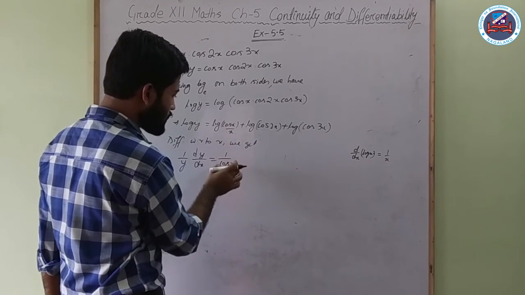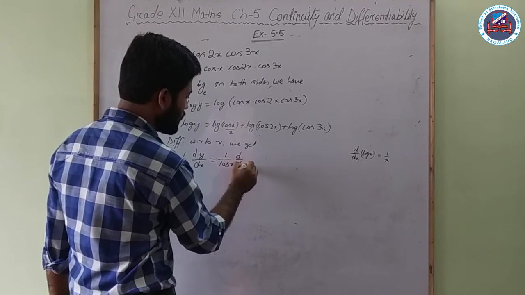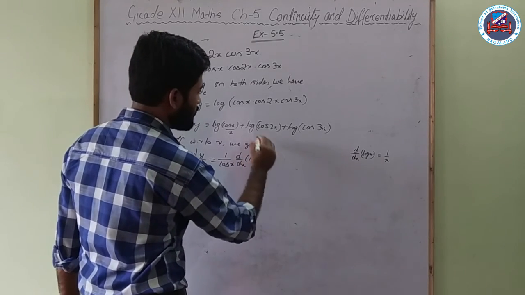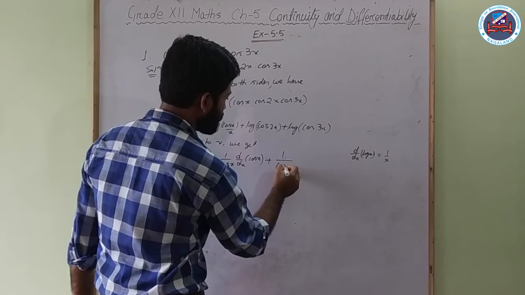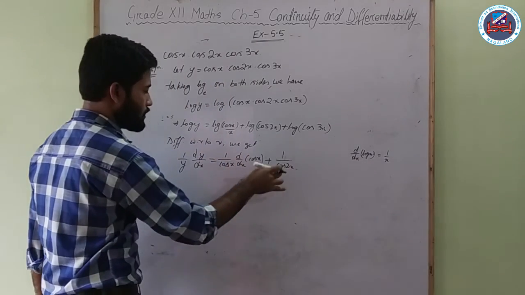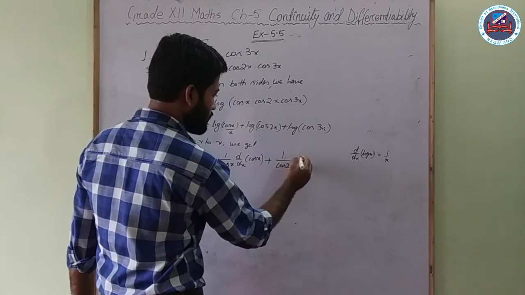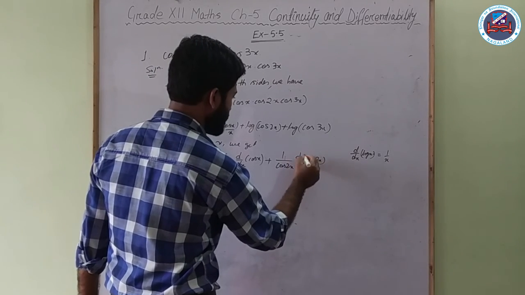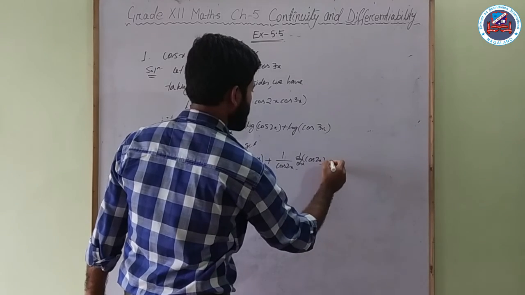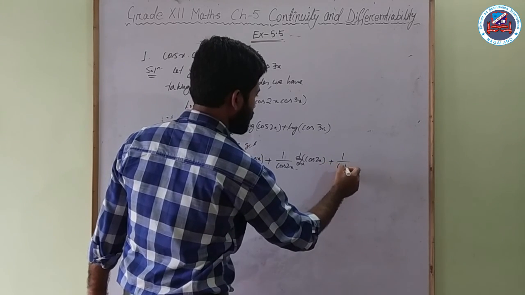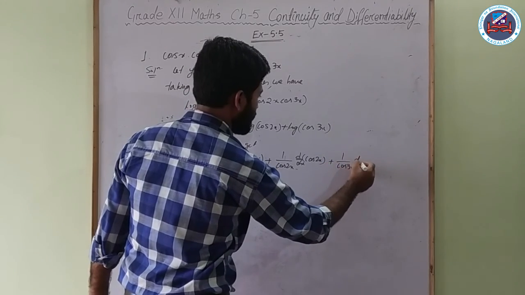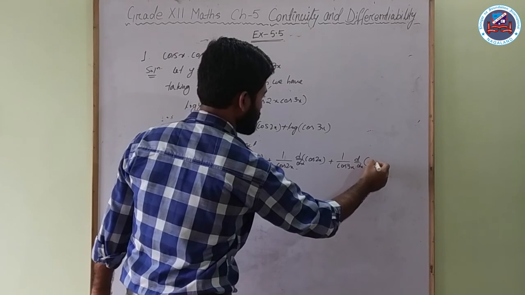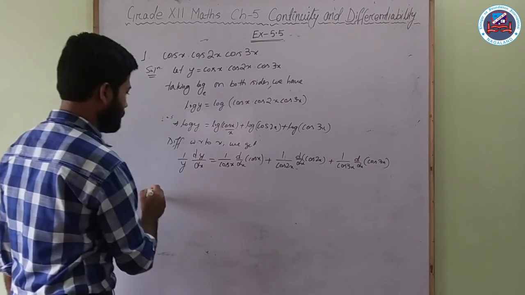Now cos x is not x again, so we have to write d/dx of cos x, plus, similarly here we need to write 1 by cos twice x, and again cos twice x is not x, so we need to write d/dx of cos twice x, plus 1 by cos thrice x and d/dx of cos thrice x.